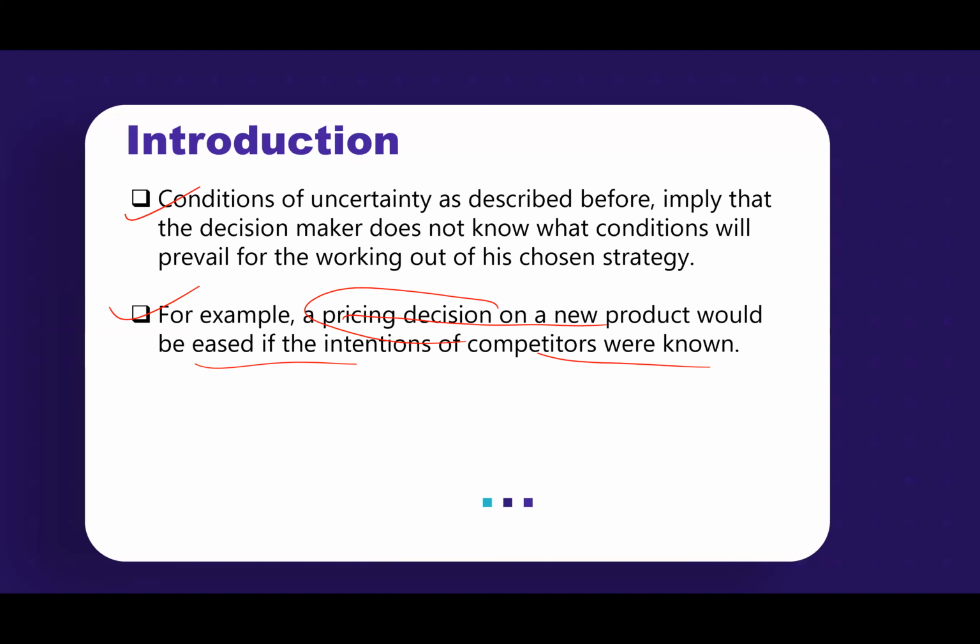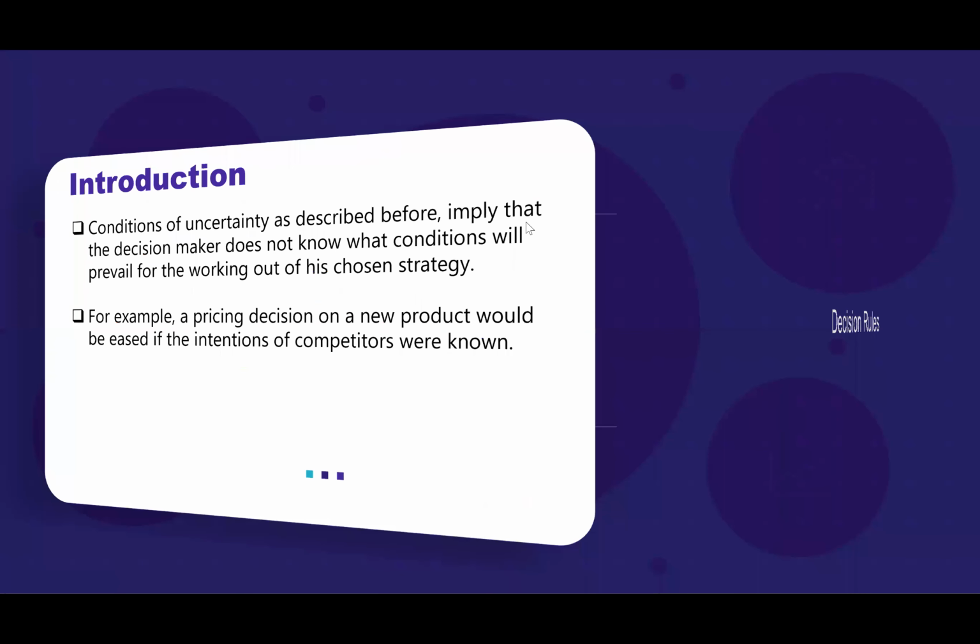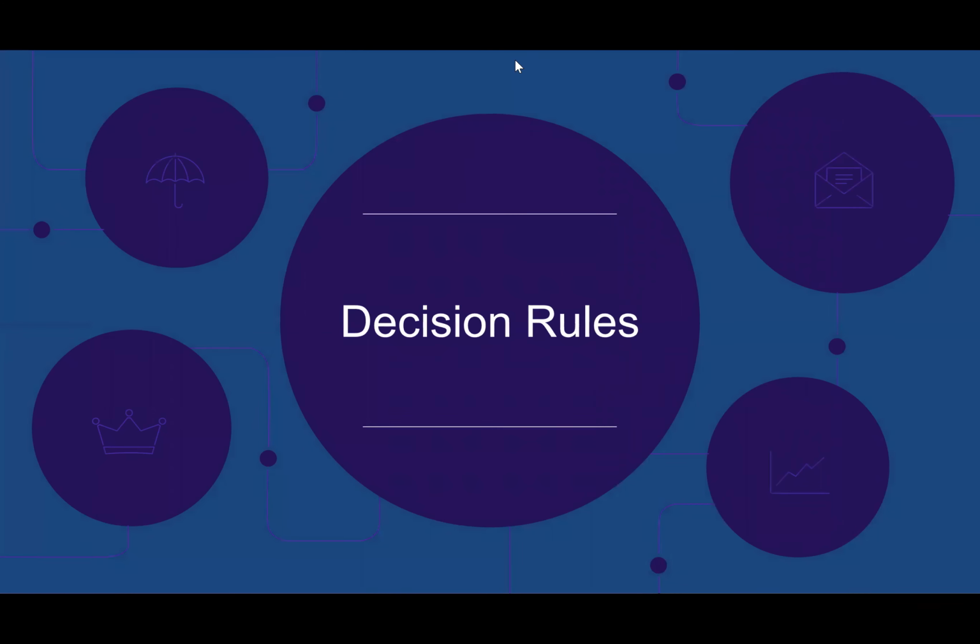So if you are producing this for the very first time, it's a new product on the market, maybe you don't have any information about how to price the product, then you're going to be in what we call the environment of uncertainty. So the decision rules will come in handy if you want to select the best course of action in those circumstances.